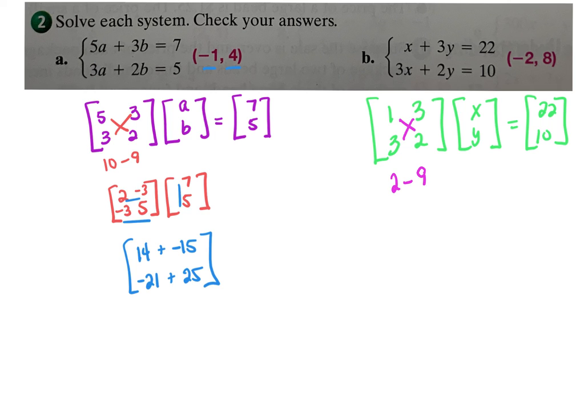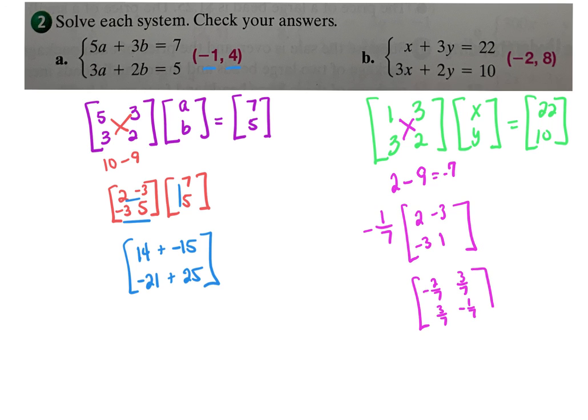Your determinant is negative 7. So 1 over negative 7. Switch your 2 and 1. Negate your 3's, which is going to give you negative 2 sevenths, positive 3 sevenths, positive 3 sevenths, and negative 1 seventh.